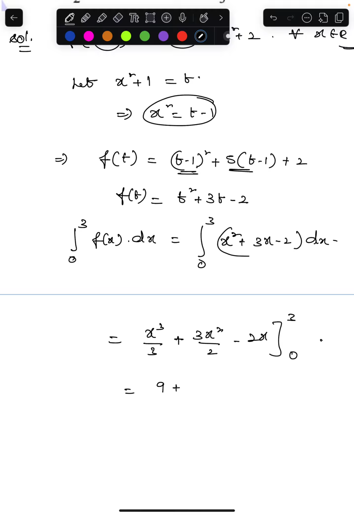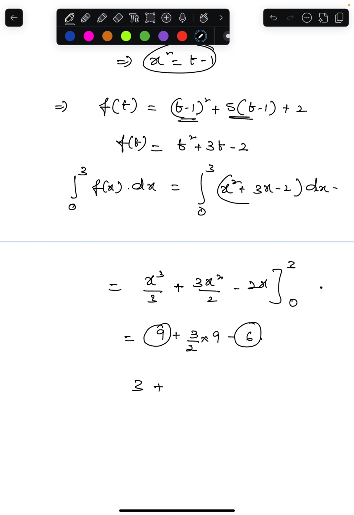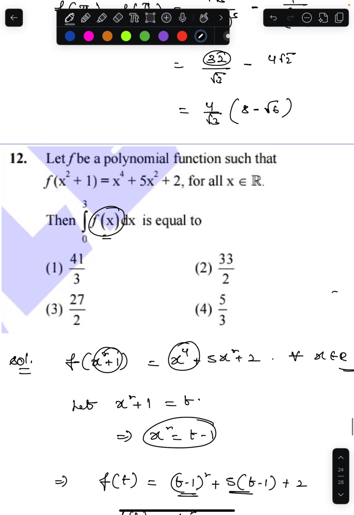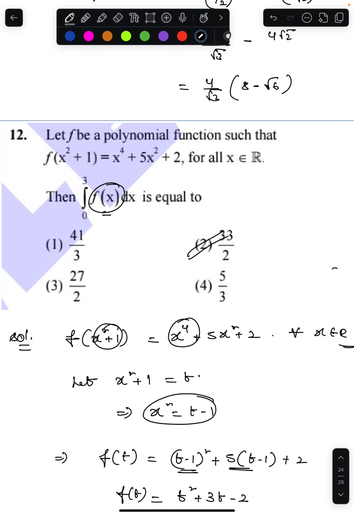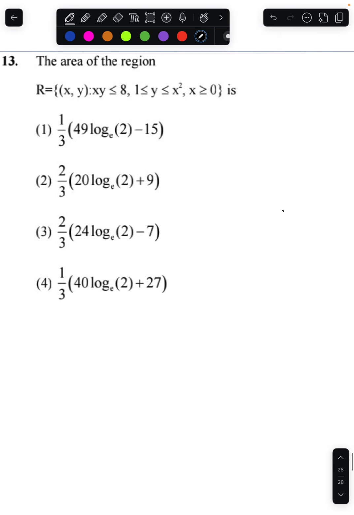You have 3 by 2 into 9 minus 6. So that means 9 minus 6, 3. 3 plus 27 by 2, so 33 by 2. Right? The answer is 33 by 2. Done. Second option. Right? So again, let's go for question number 13.